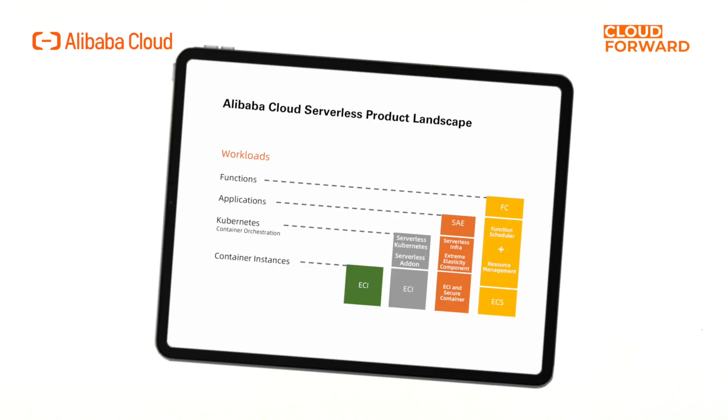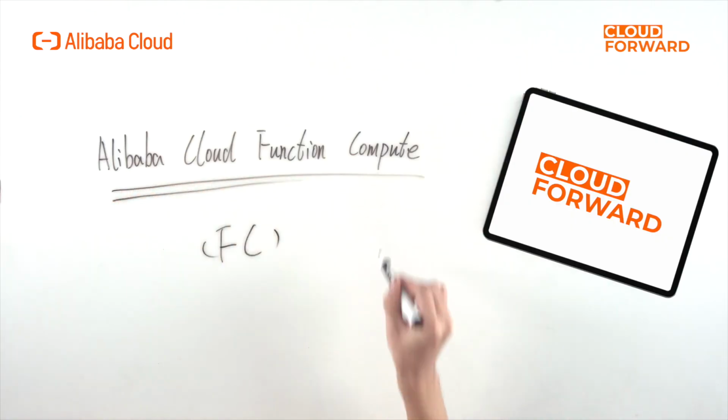Alibaba Cloud offers serverless products for functions, applications, and containers, allowing users to choose the appropriate product based on their specific use case. Alibaba Cloud Function Compute (FC) is a FaaS, function as a service product that is event-driven and fully managed.